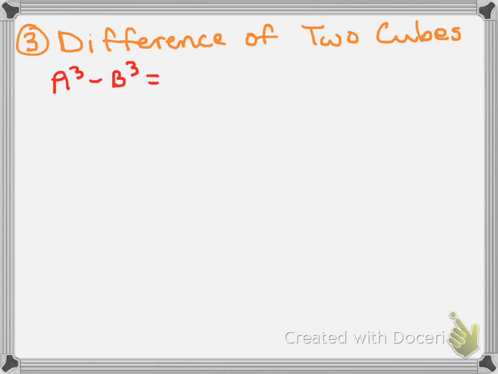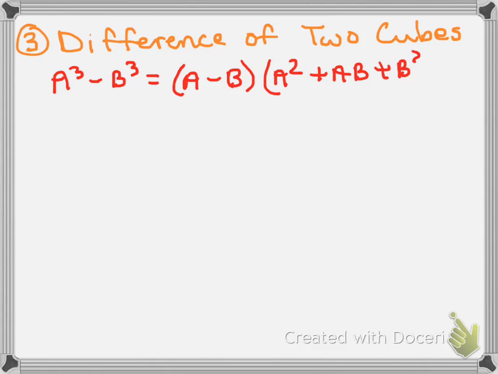When you have a perfect cube minus a perfect cube, this will factor into a minus b times a squared plus ab plus b squared. Okay, so a cubed minus b cubed will factor into a minus b times a squared plus ab plus b squared.